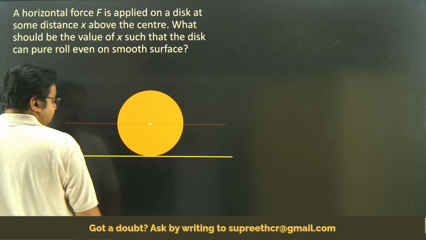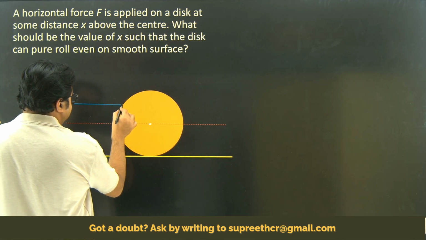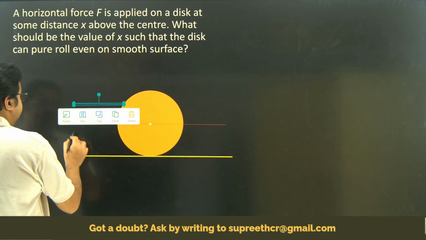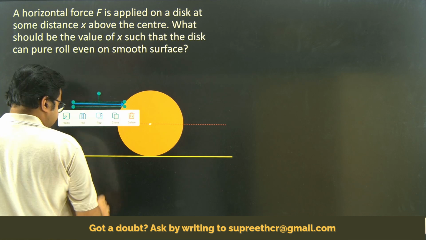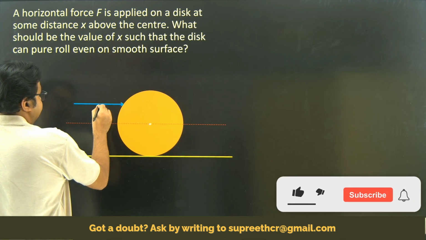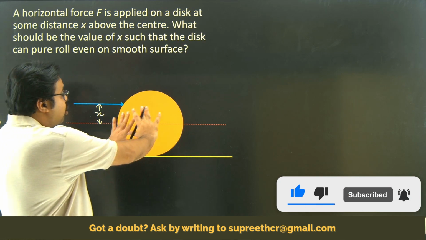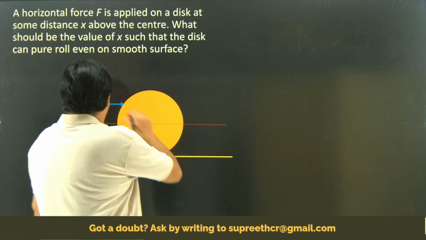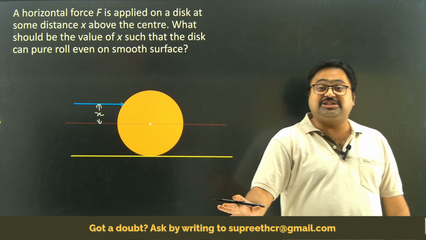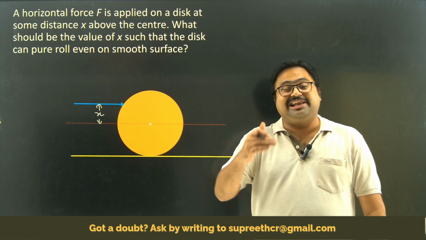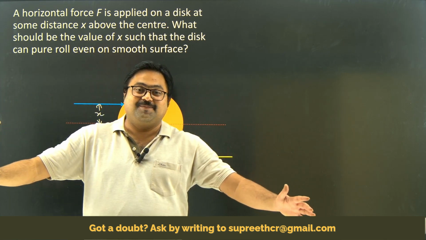We need to apply a force like this at a distance x above the center, such that it can roll without slipping. The pure roll means without slipping on a smooth surface. That means there is no friction on this surface, but still it will have to roll without the frictional force acting. Now that's the question.